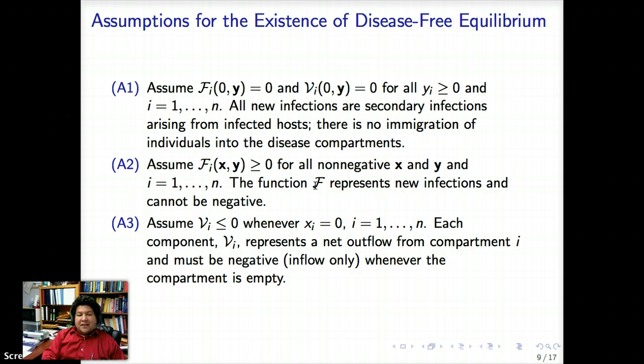The other technical consideration here is whenever there is a lack of disease individuals, whenever x, y is 0, then we assume that v is either negative or 0. So each component, v sub i, is representing a net outflow from the compartment i and must be negative whenever the compartment is empty.